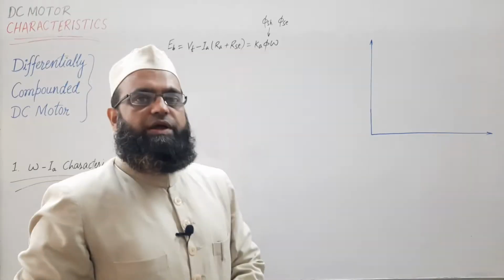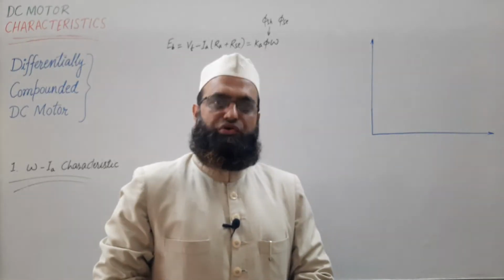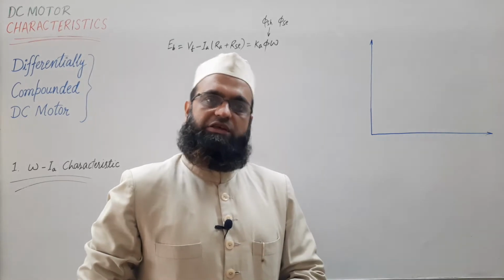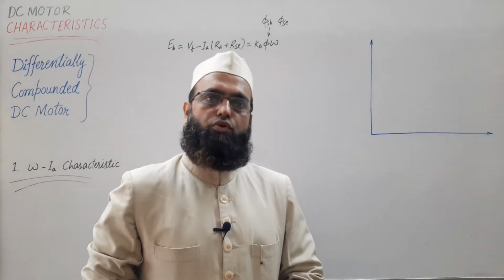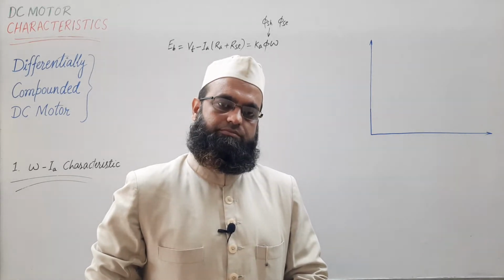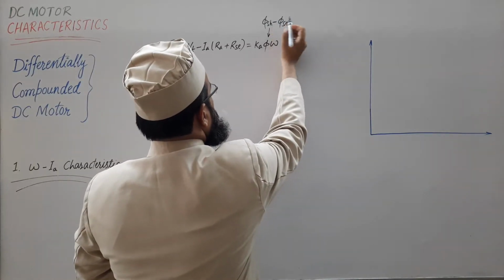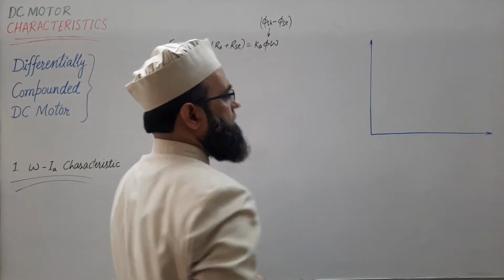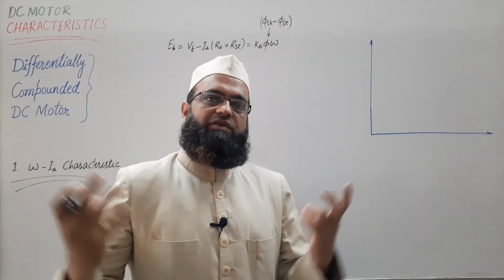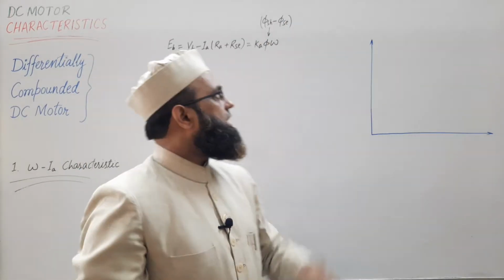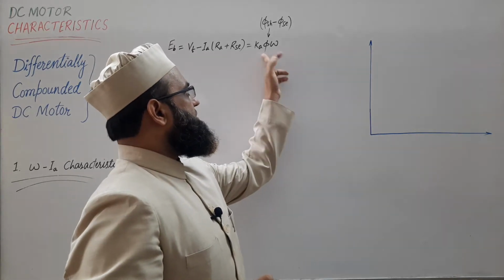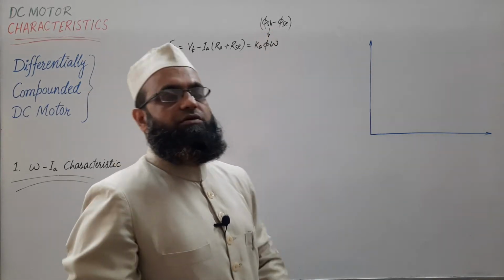As we know, in case of differentially compounded DC machine, the two fluxes, series field flux and shunt field flux, oppose each other. Hence, negative sign is there in between. That is the difference of the two fluxes. So, resultant is nothing but shunt field flux minus series field flux.